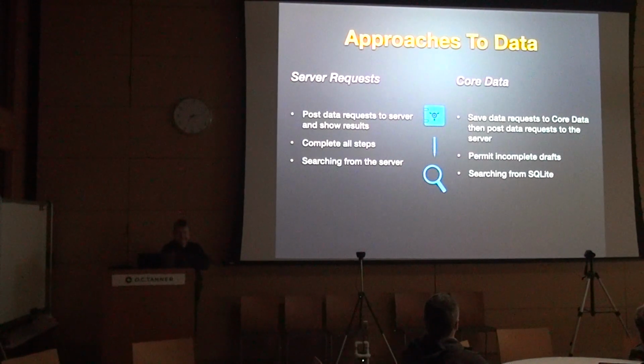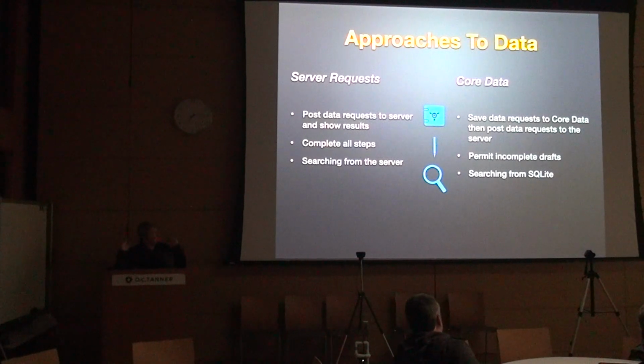Continuing on, we post data requests to the server, and it comes back and we show results. Whereas with core data, you actually post data requests, really you save data instead of posting data.